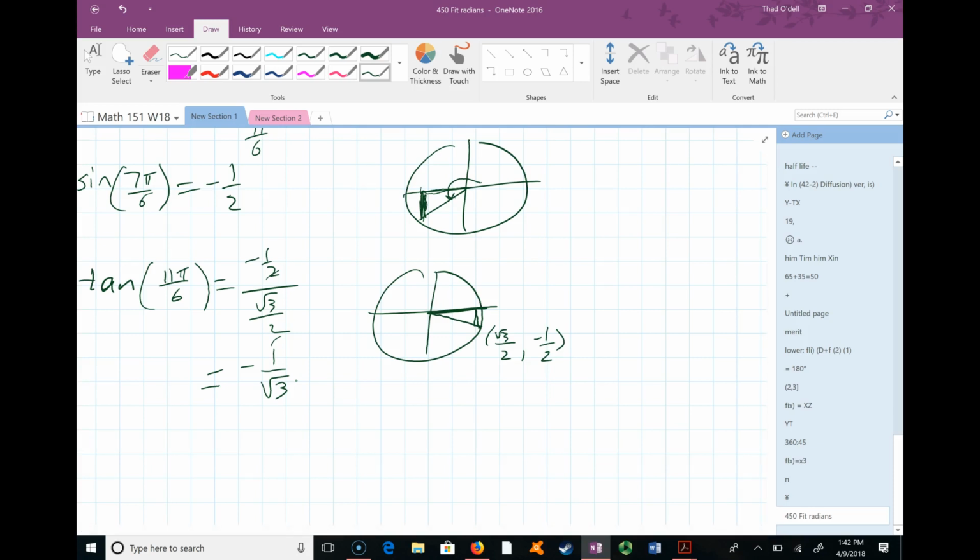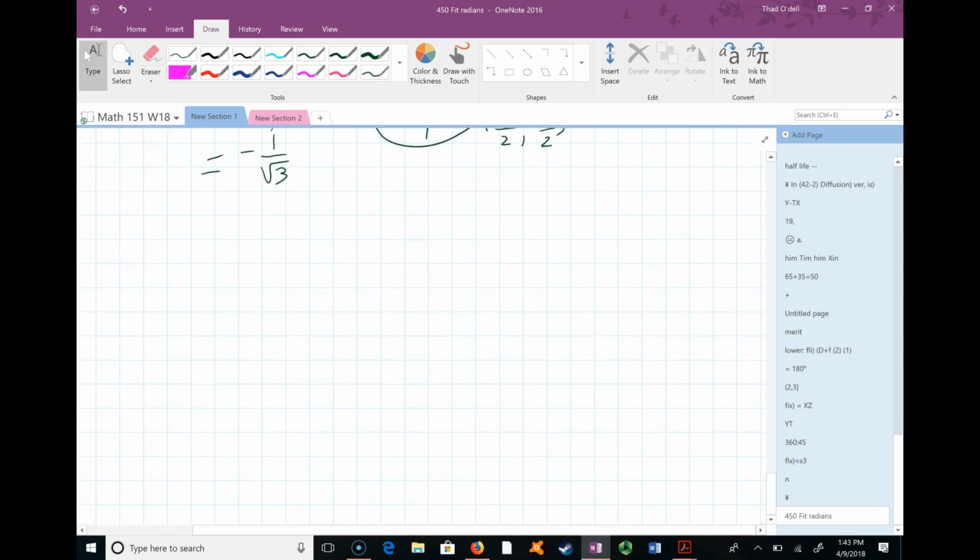So your goal is to be able to, in fact, my face-to-face class this Thursday has to pass a quiz where I'm going to give them 10 sine and cosine and tangent questions like the ones we were just doing, like it might say sine of 45 degrees and cosine of 315 degrees and sine of 5 pi over 3, etc. So there will be 10 of those, and they're going to be able, off the top of their head, without looking at any notes or any calculator or anything like that, to give the value.